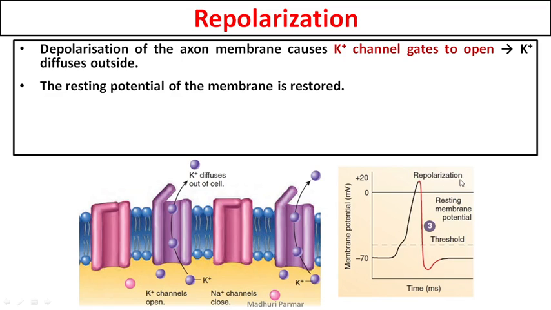Repolarization मतलब again your inside will become negative, outside will become positive. क्लियर? जैसे ही potassium ions बाहर जा रहे हैं, धीरे धीरे from positive your voltage is coming back to negative. Can you see? तो voltage जो है वो positive से negative जा रहा है. This means that inside your axoplasm is again becoming negative, and this is called repolarization. Repolarization होगा तो your resting membrane potential which was -70 वो restore होगा. Clear?